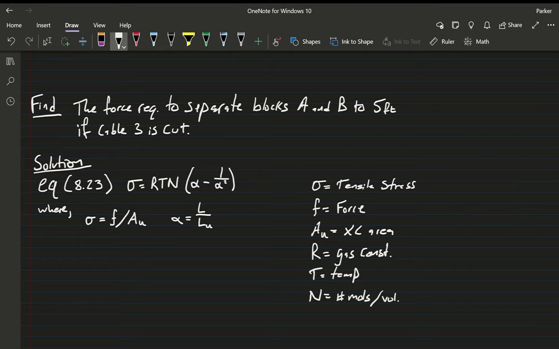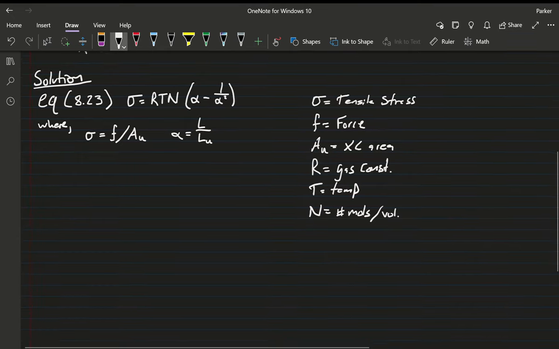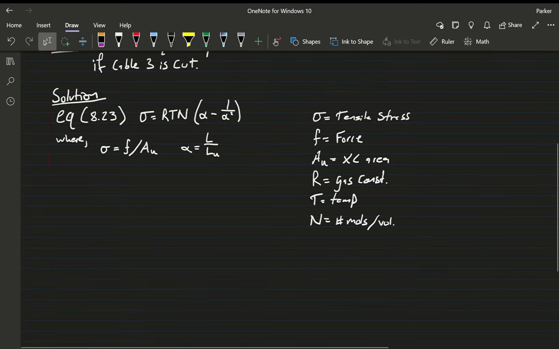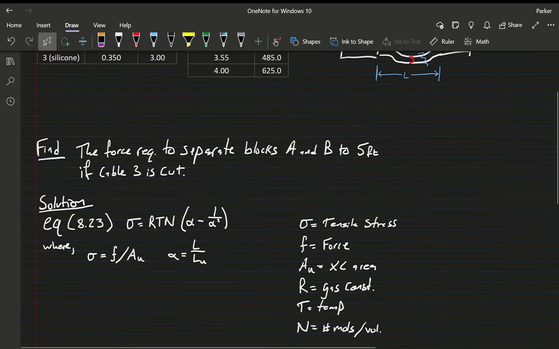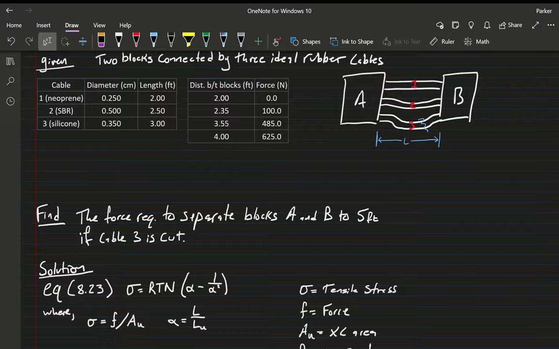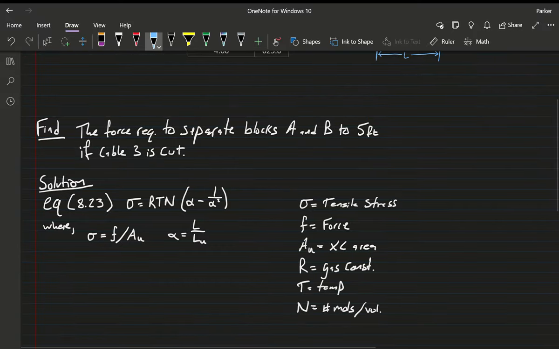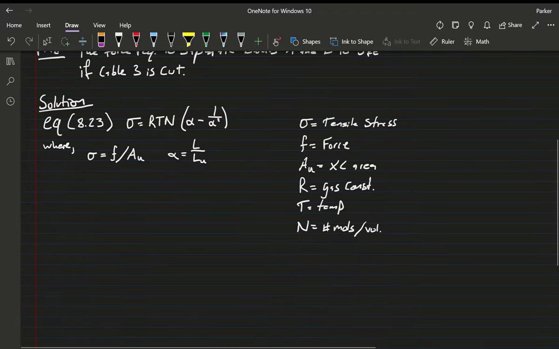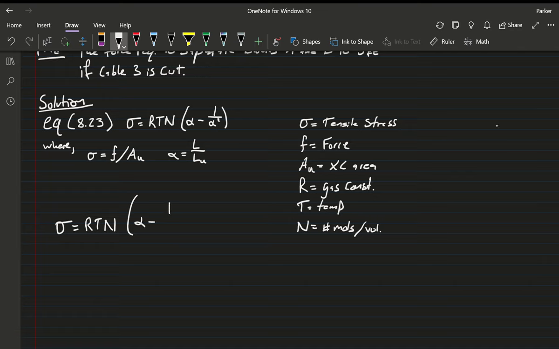So using those equations, we can set up a series of equations to solve for effectively this RTN here, where we know that sigma equals RTN times alpha minus 1 over alpha squared.